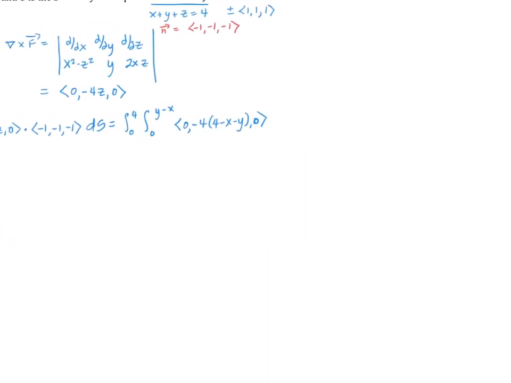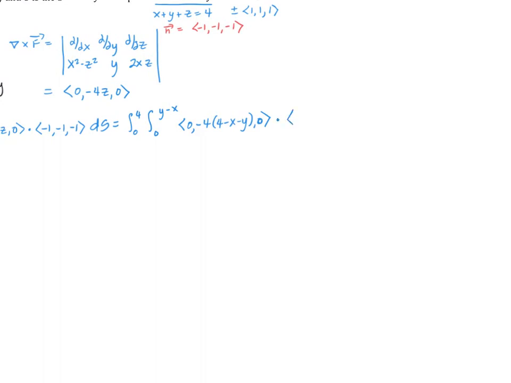Maybe it would have been better if I did the dot product first before substituting for z. And this would be dy dx. Now it's just about the algebra. If we look at this, would be what? Negative, becomes 16 minus 4x minus 4y, I believe. Oops, why am I writing this?